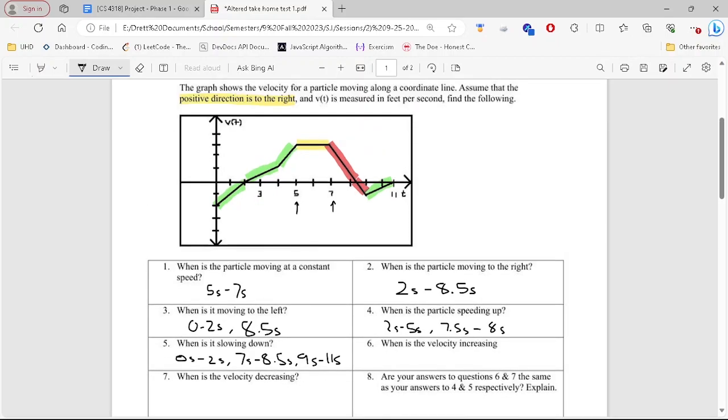So let's go ahead and write down everywhere it's green. The velocity is increasing from 0 to 5 seconds, and from 9 to 11 seconds.